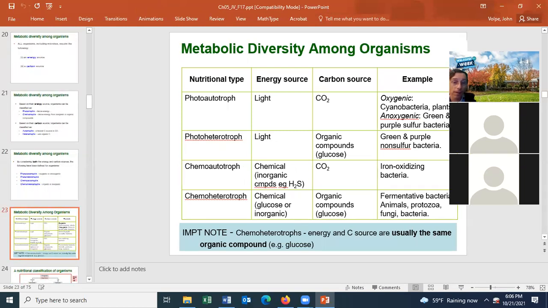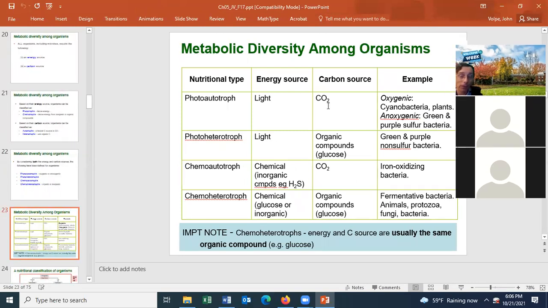All right, we can talk about the 4 different trophs right here. The photoautotrophs get their energy need from light and their carbon source from CO2. You can have 2 types of photoautotrophs, those which are oxygenic, and green plants are oxygenic, meaning they engage in photosynthesis and release oxygen.